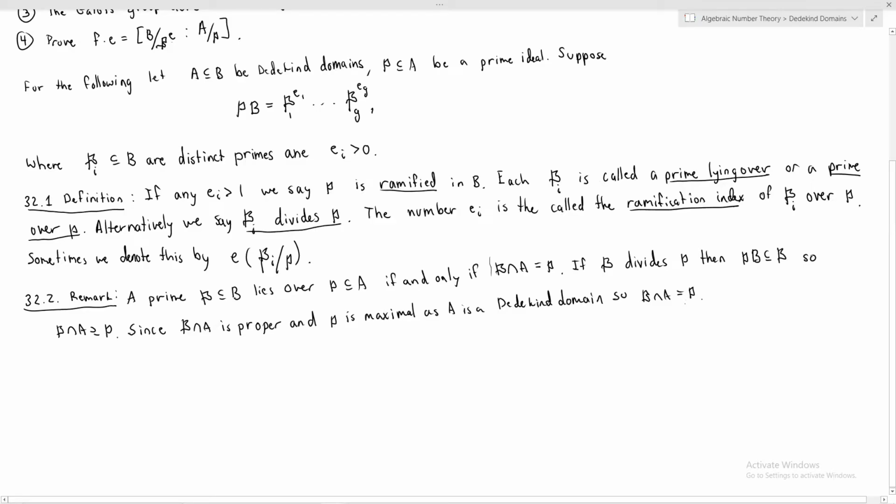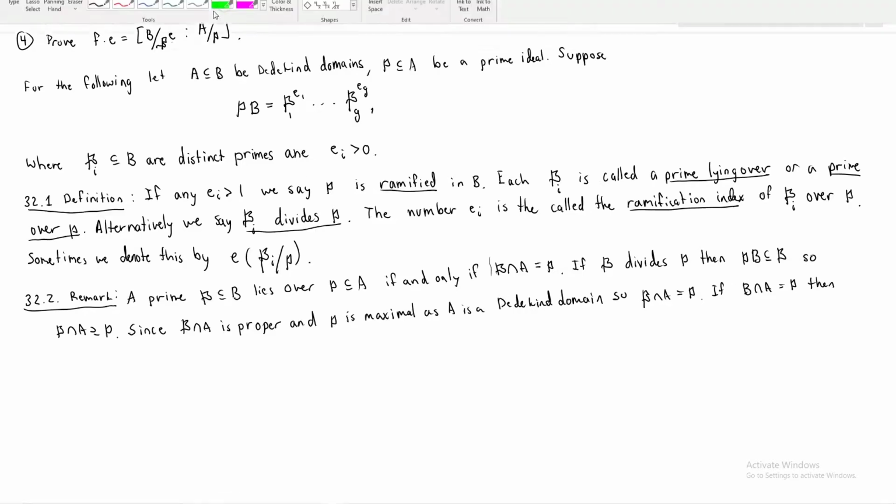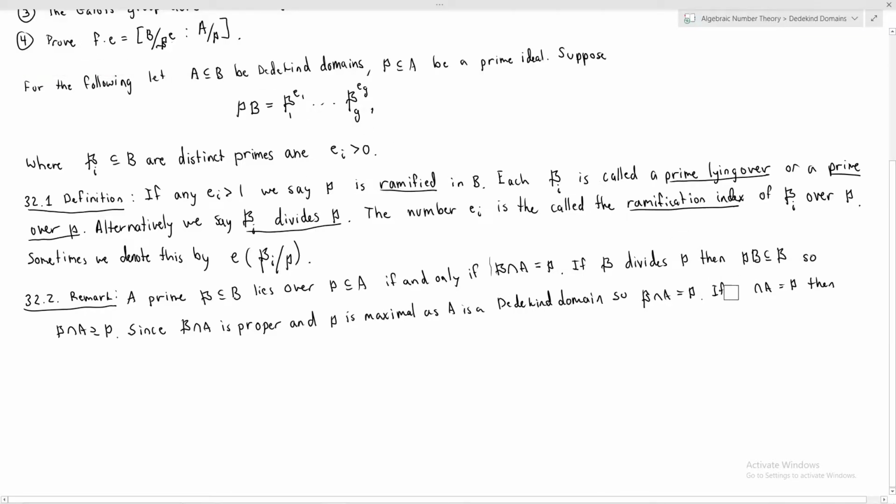And then the other way around follows from the previous proposition we proved last time about containment being equivalent to division. So if B intersect A equals P, and this should not be B, C. Yeah, these P's look too close to B's. Okay.